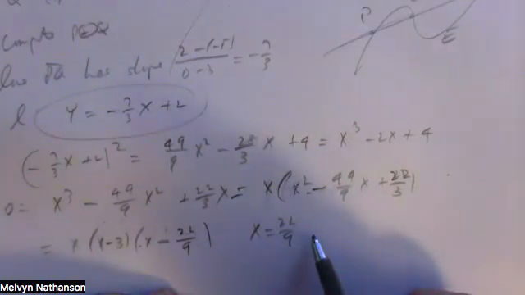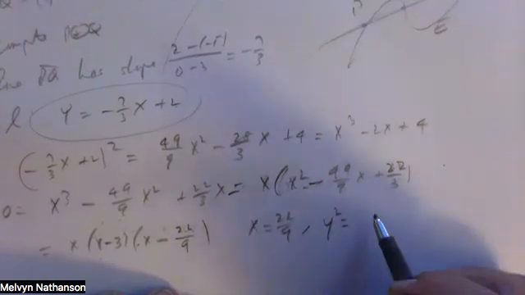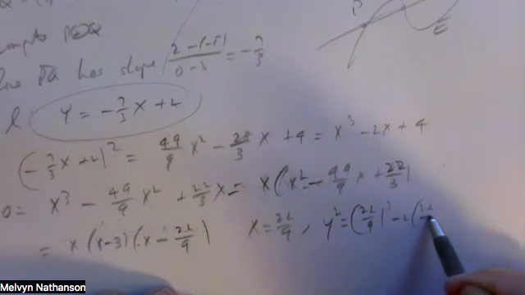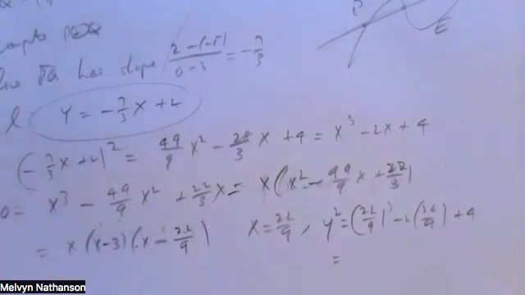And when x is equal to 22 over 9, y squared is x cubed, 22 over 9 cubed, minus 2 times 22 over 9, plus 4. So what is that? You take a big piece of paper, or you can use a calculator, or you can use a computer.